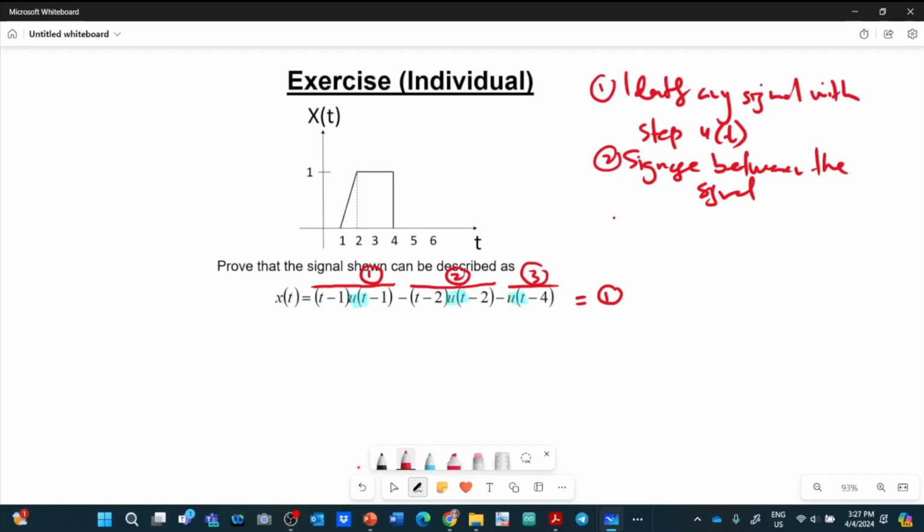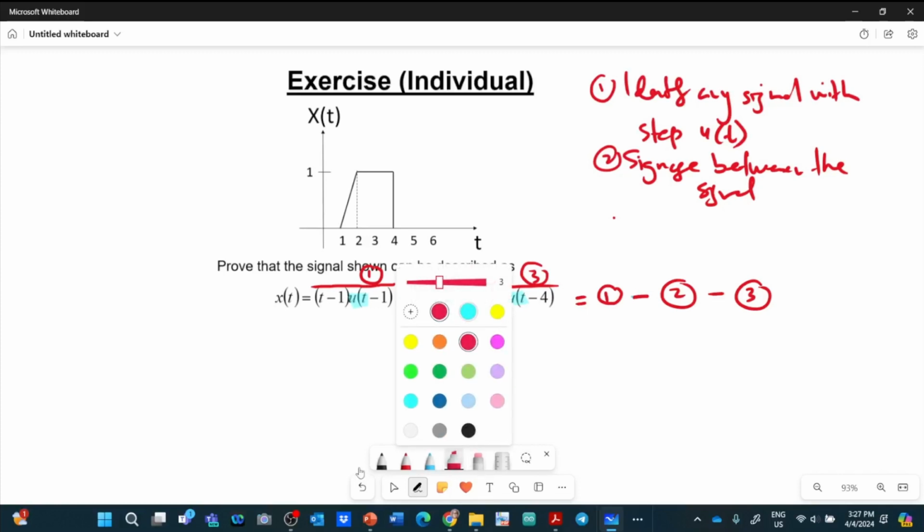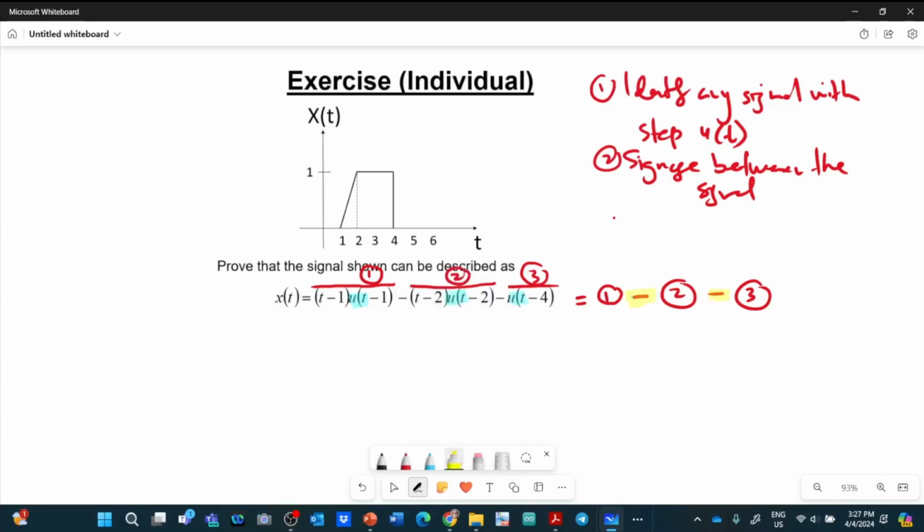Okay, so when you have this one, then you write out again. So 1 minus 2 minus 3. So signage dia adalah yang ni lah. Minus and minus. Of course, yang nombor 1 ni dia adalah plus lah kat depan.